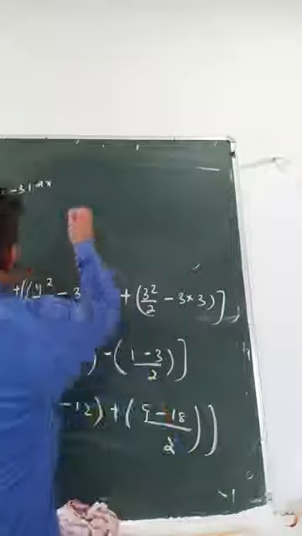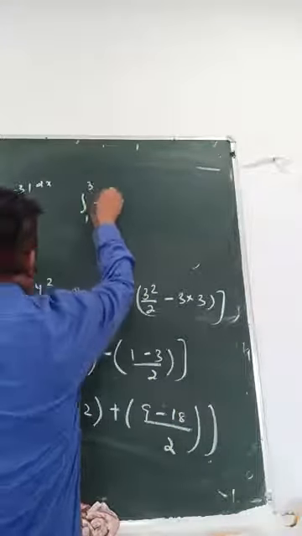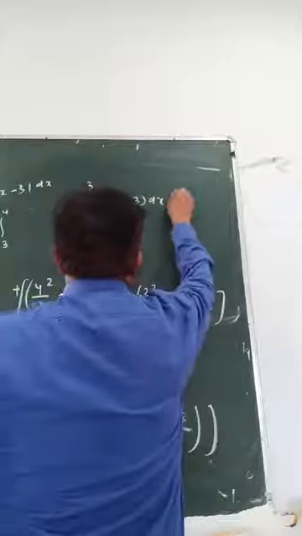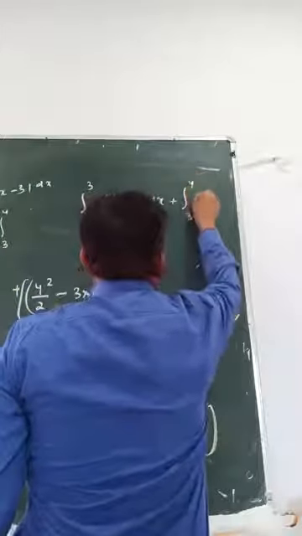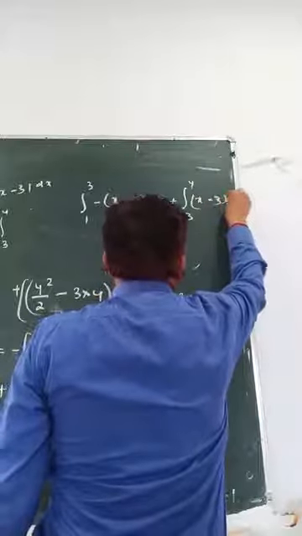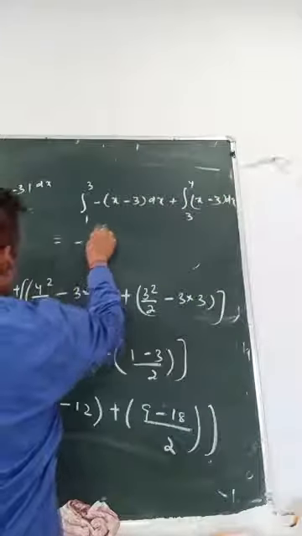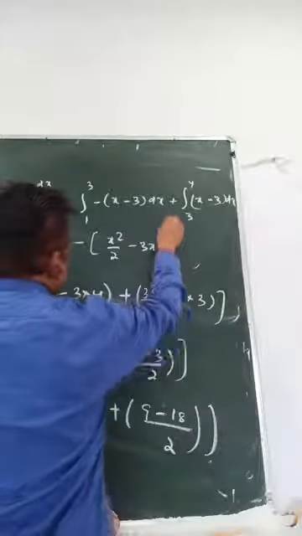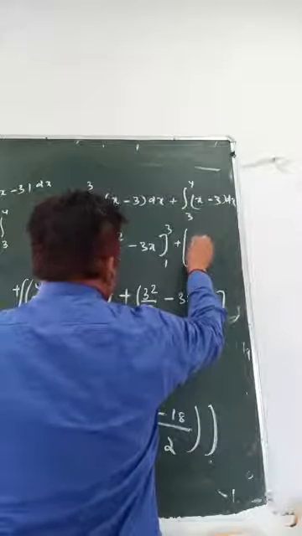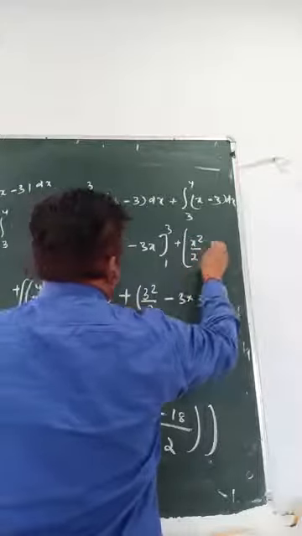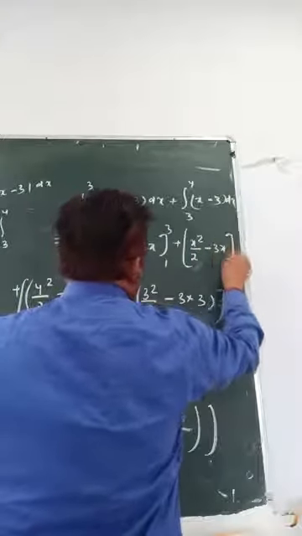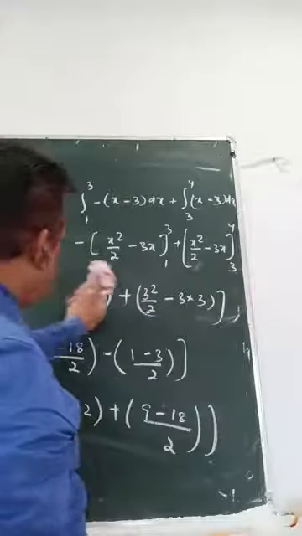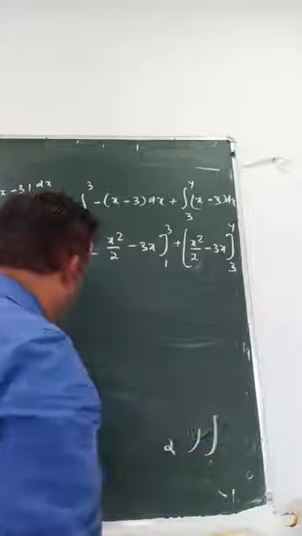I think we have done a mistake. 1 to 3 minus x minus 3 dx plus 3 to 4 x minus 3 dx. Let's check it. It is minus x square by 2 minus 3x from 1 to 3, x square by 2 minus 3x from 3 to 4. Okay, I think we'll check it again.